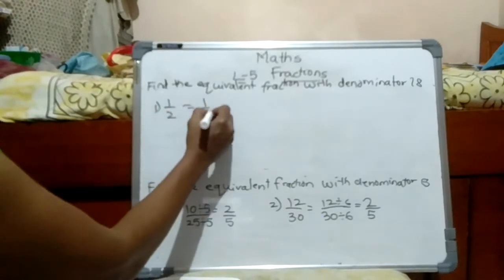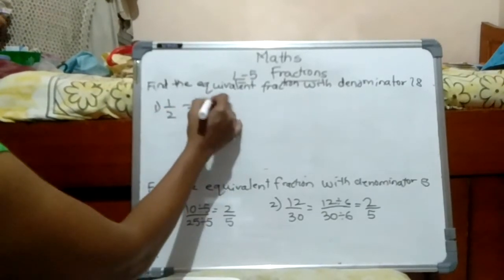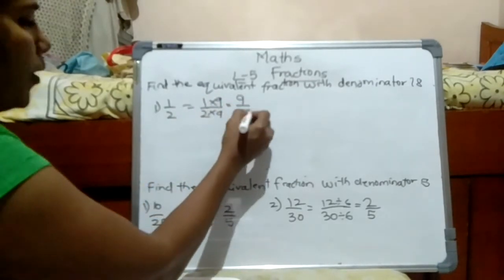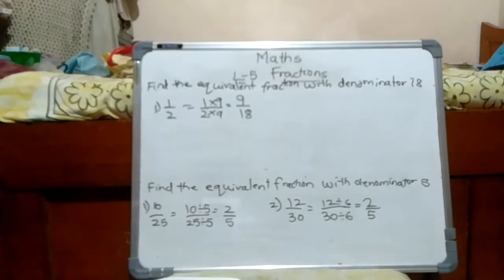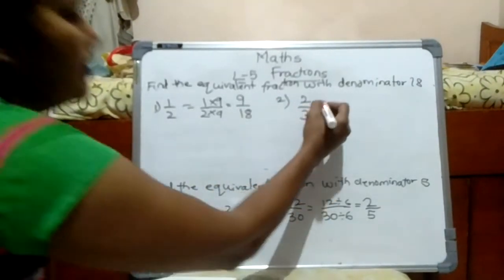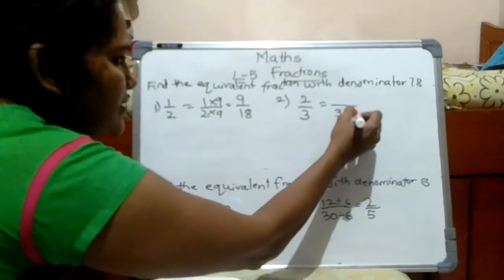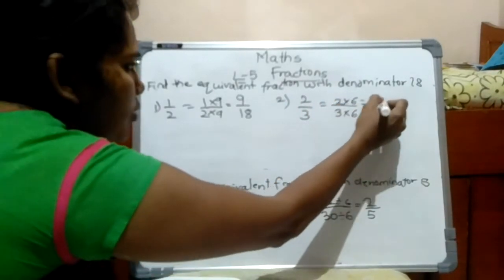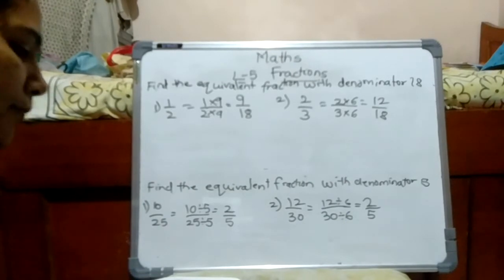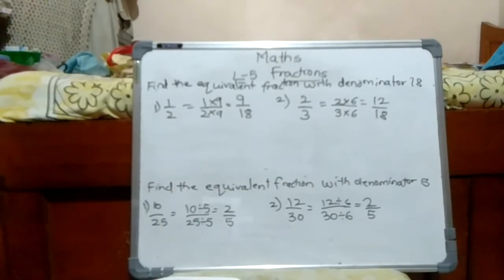We will multiply 1 upon 2 by 9. Here also 9. We know 2 9s are 18. So we will get 9 upon 18. Clear? Second, if it is given 2 upon 3. We know 3 6s are 18. 2 6s are 12. So answer will be 12 upon 18. Clear? Understood? Yes?